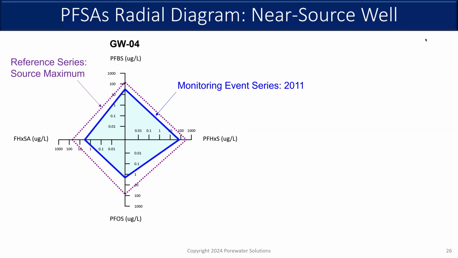GW4 is about 400 or 500 feet downgradient from the source area. And we can see, if you look at PFOS, for example, the well concentrations at GW4 in blue are close to 2 orders of magnitude lower than the source concentrations that are upgradient of this well. So the precursor is about an order of magnitude less at GW4 than the source, and same with the other two PFAS compounds.